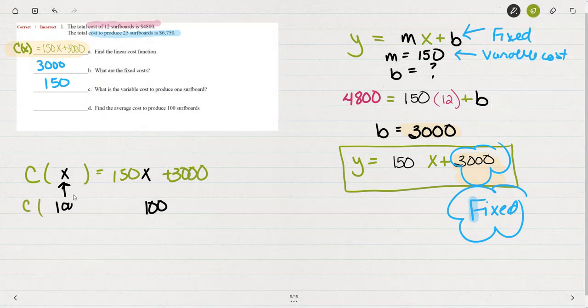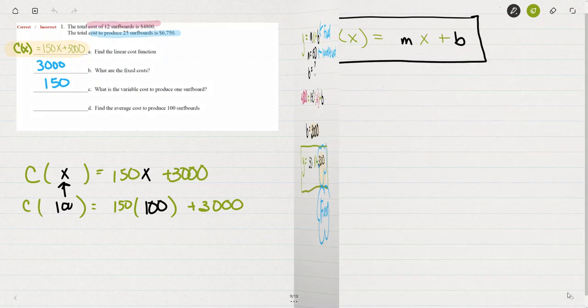So the cost of 100 surfboards is 150 times that 100 plus that fixed cost of 3,000. I'm going to leave that calculation for you to finish.